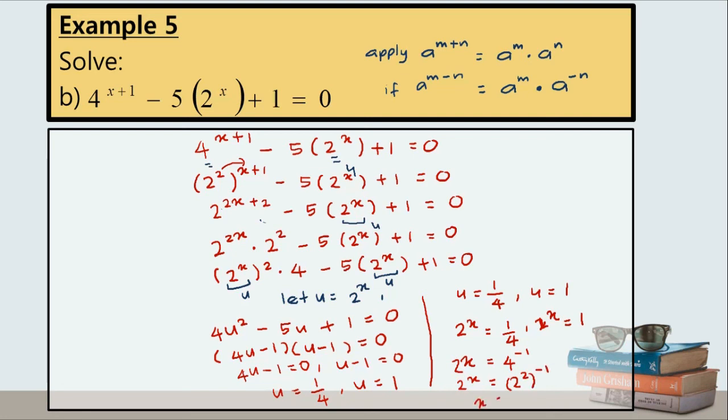So our x is equal to negative 2. And this one, 2 to the power of x equal to 1, we use 2 to the power of 0. That's why our final answer is x equal to 0. Okay, so this is our final answer, x equal to negative 2 and x equal to 0.